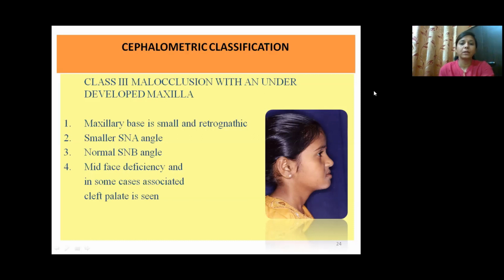It may be positioned in retroposition. There will be a smaller SNA angle because the maxilla, point A, is farther behind. SNB, that is a point on the mandible landmark, so a normal SNB angle will be there. Mid-face deficiency will be evident, and in some cases, cleft lip may be associated with that.